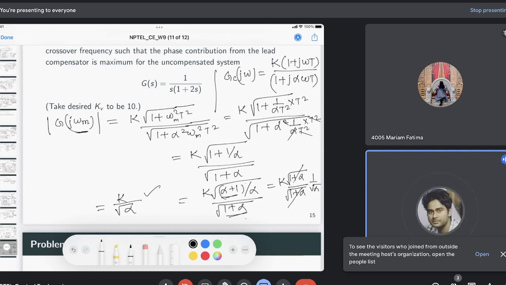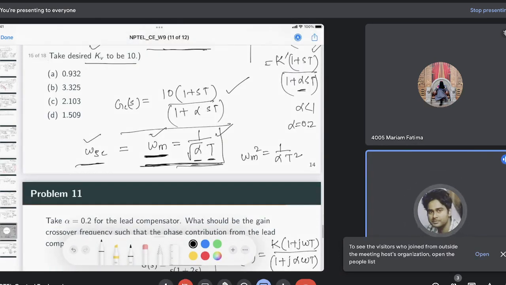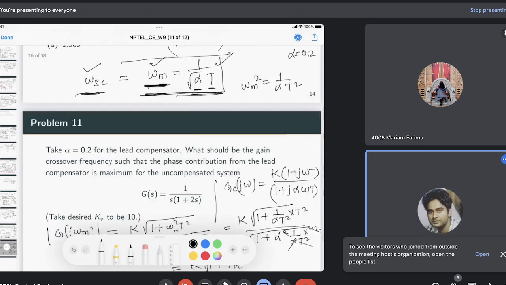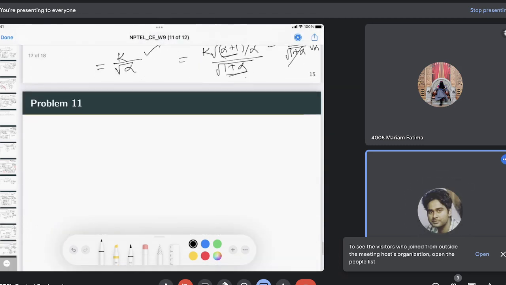So then what do we want? We want this frequency to be the gain crossover frequency by our earlier argument. So then what will happen? The overall gain of this system at this frequency should be 1, right? So we'll write the transfer function.